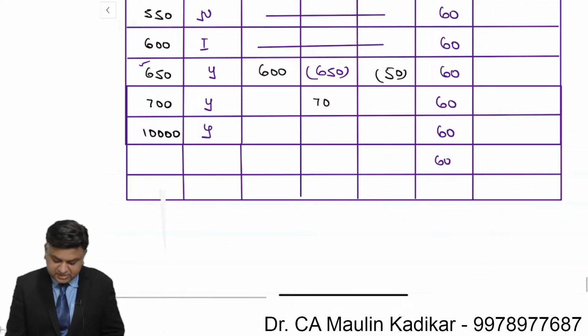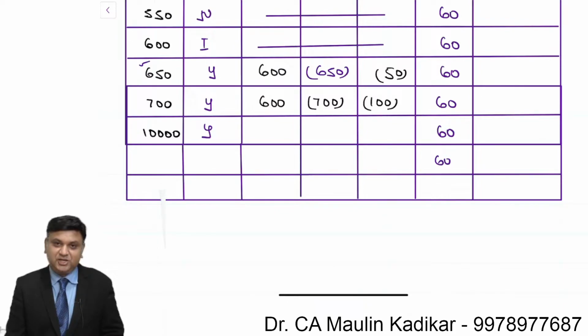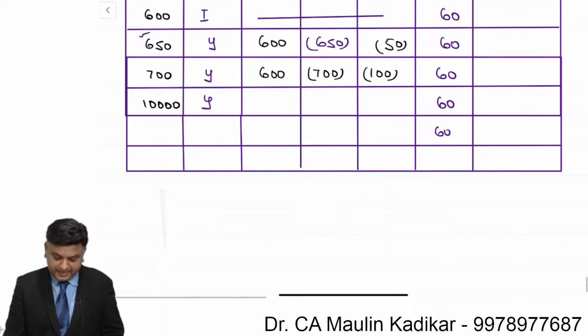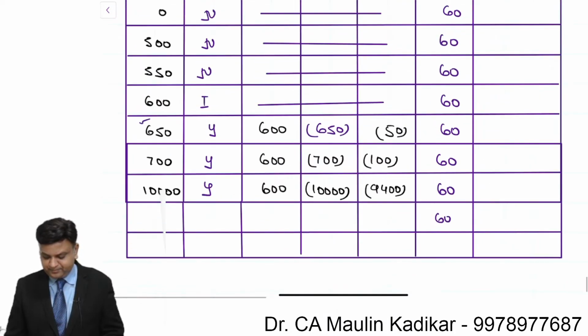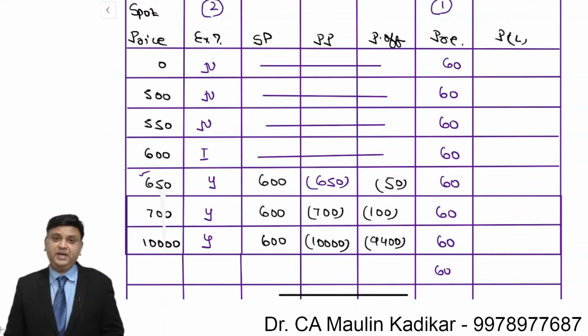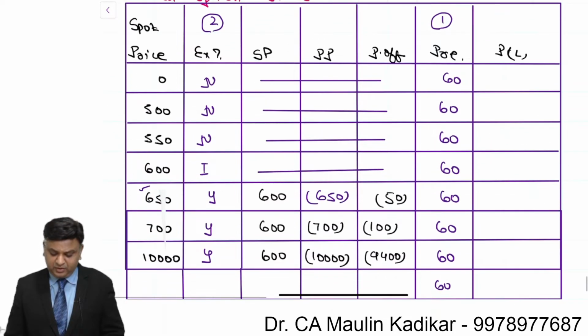I will purchase a security at 700 and I will give it to him at 600. So 100 rupees is the negative payoff. I will purchase the security at 10,000 to be given to him at 600. So I will be having negative payoff of 9,400. This is the way we will have the amount of the payoff for different spot prices of the equity share.